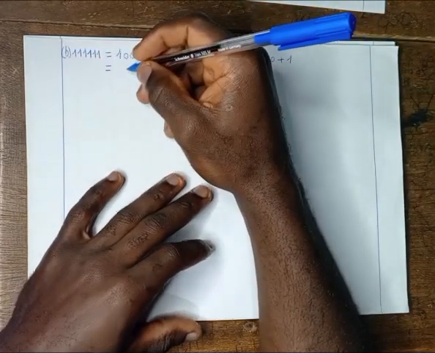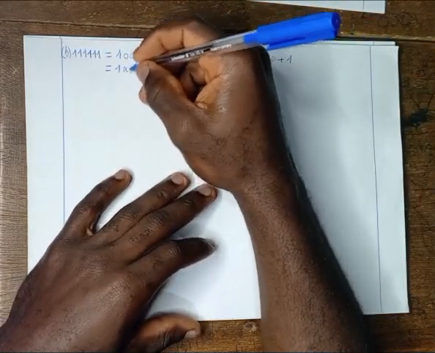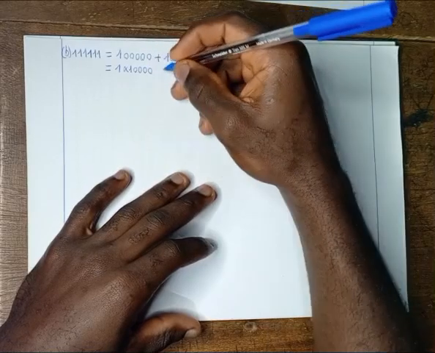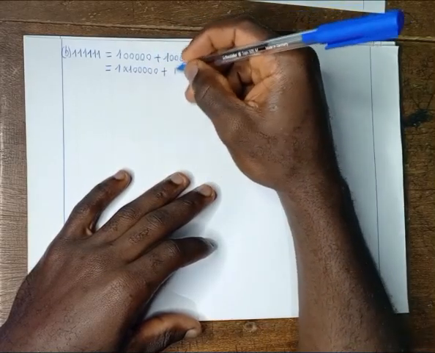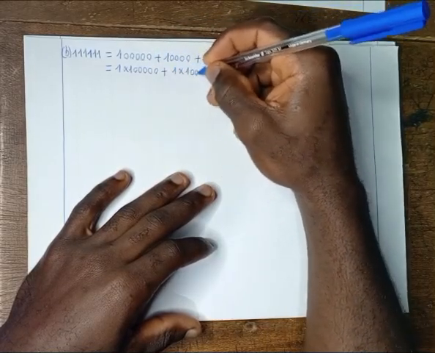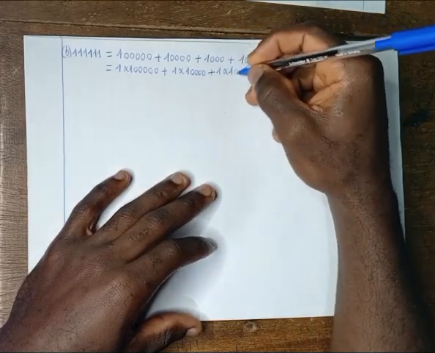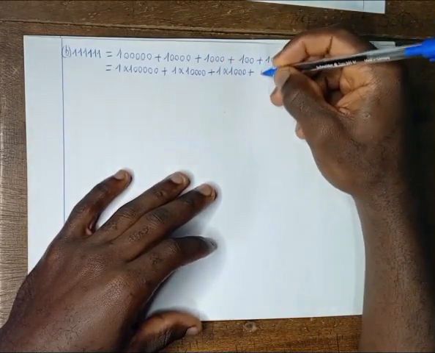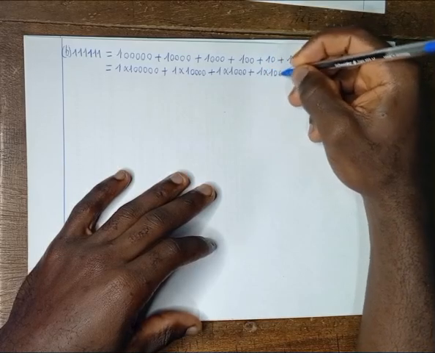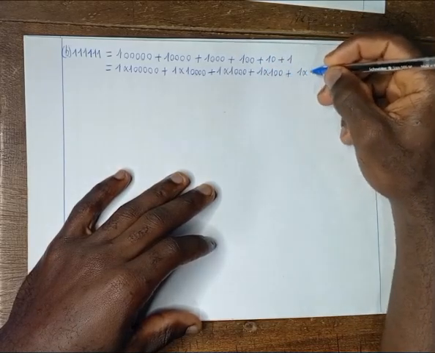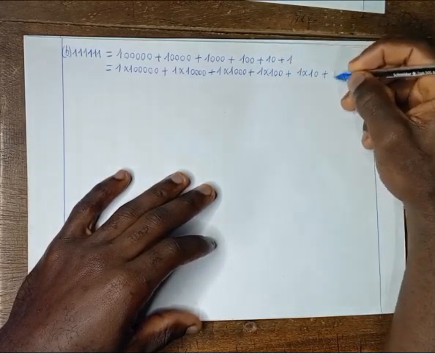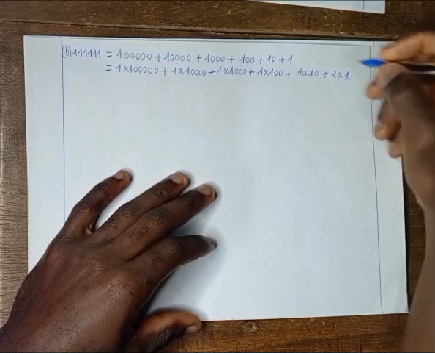This will simply give us 1 times 100,000 plus 1 times 10,000 plus 1 times 1,000 plus 1 times 100 plus 1 times 10 plus 1 times 1.